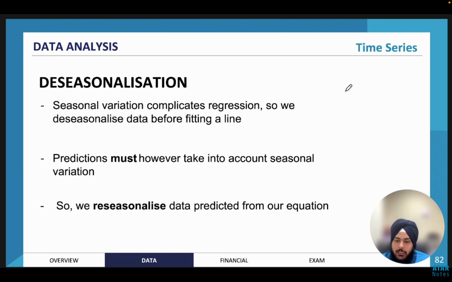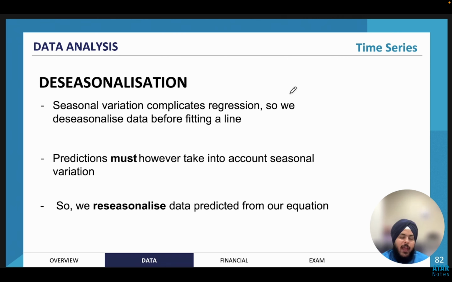Okay, so now we'll quickly look at deseasonalization. Deseasonalization is where you have a value and you're trying to remove the effects of seasonalization in order to construct a model. Again, that's the purpose of seasonal indices.